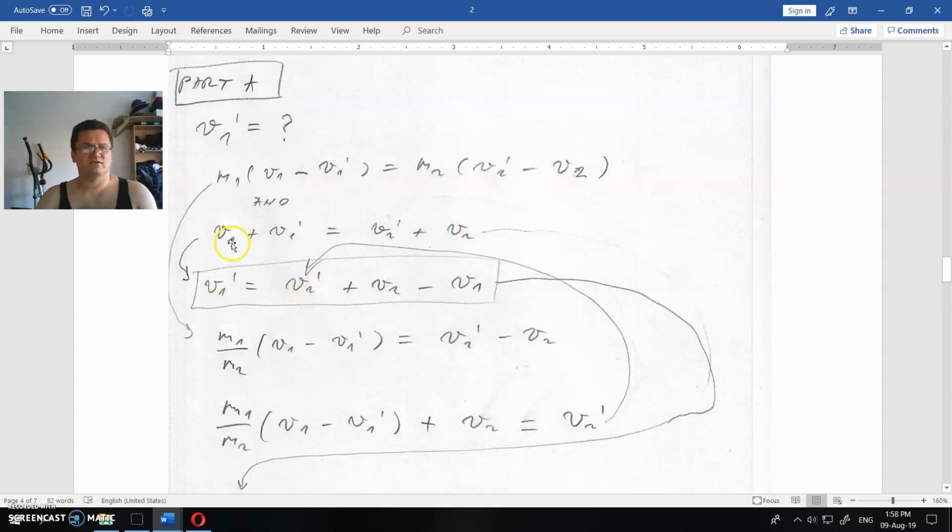What does it mean? We've just transported this over the equal sign, and it becomes minus. And then what we did here, we rewrite this as this one, and we transport this over the equal sign.